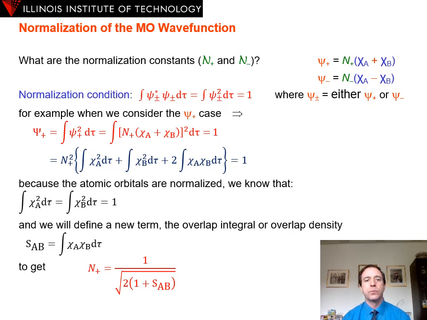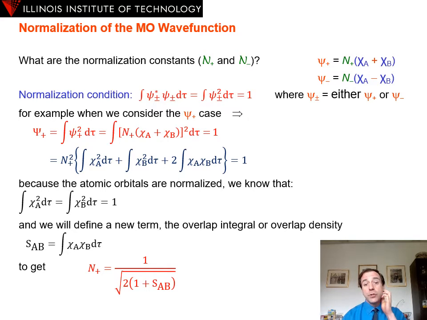Those are our 1s wave functions. That whole thing squared and integrate the whole thing over d tau. So if we set that up, we can see that we pull the constant outside of the integral, and the integral breaks down after we take the square, right? We're going to get three terms from that. We're going to get the chi sub A squared term. We're going to get the chi sub B squared term.